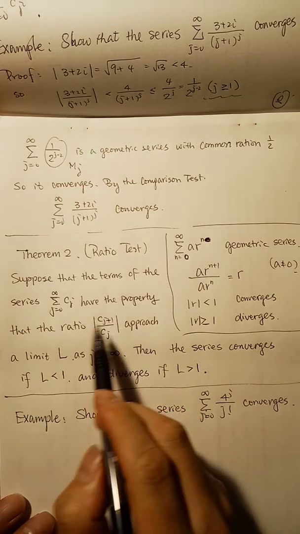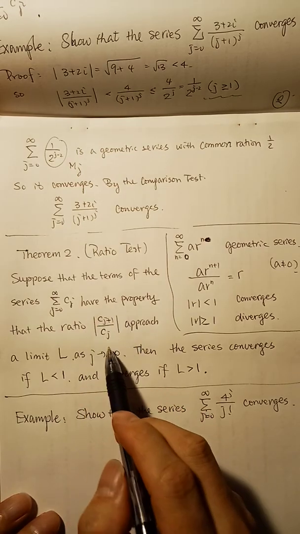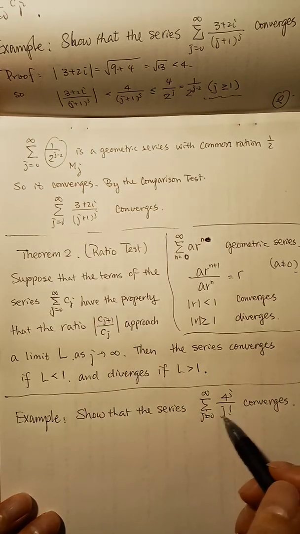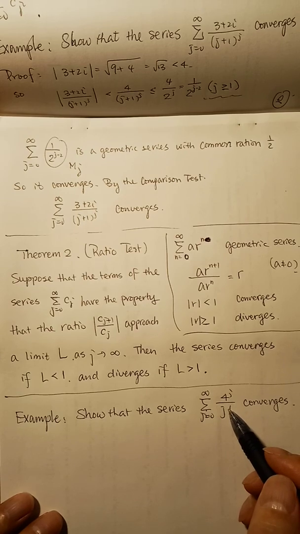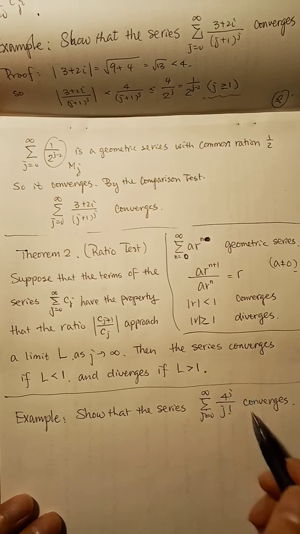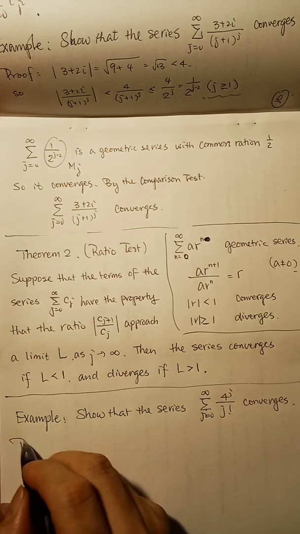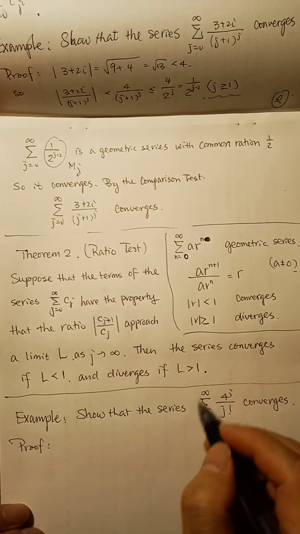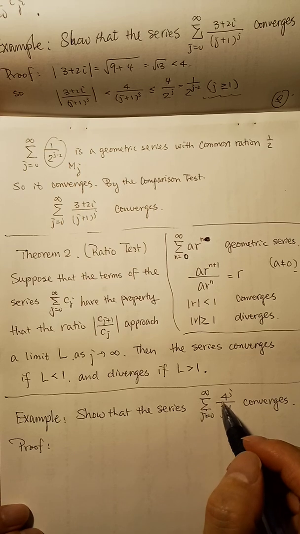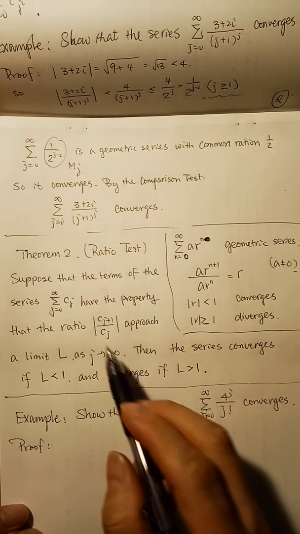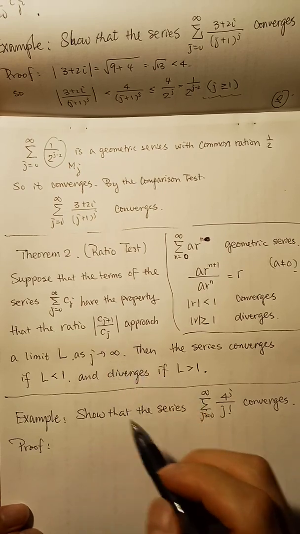So you see here, in order to get a ratio, you have to simplify the ratio. To simplify a ratio, it's better to have a product instead of a sum, right? In each term you have a lot of products that you can cancel. If you have a sum, it's difficult to cancel. So this type of example is like the essential example for this ratio test.